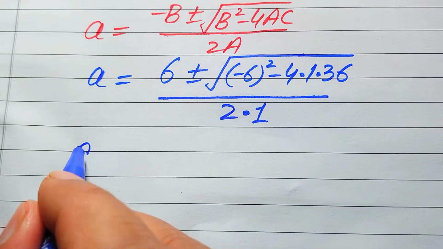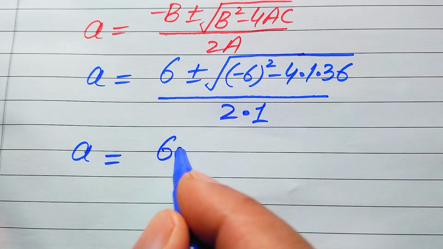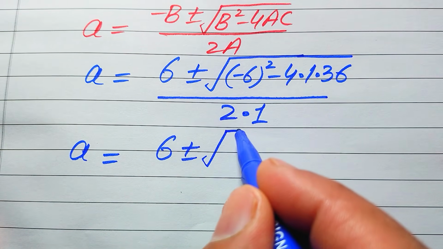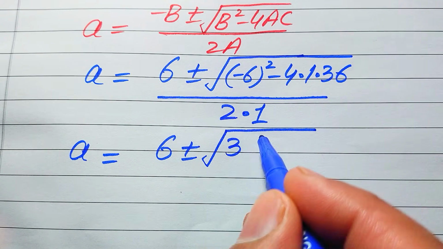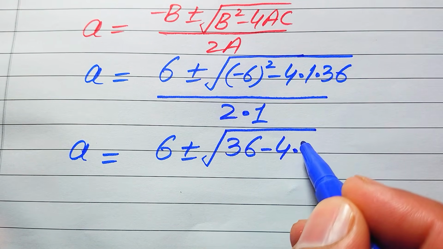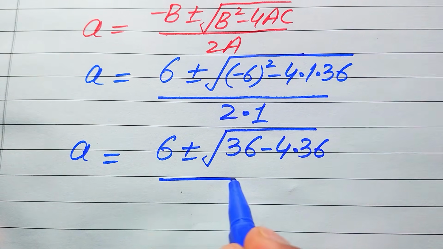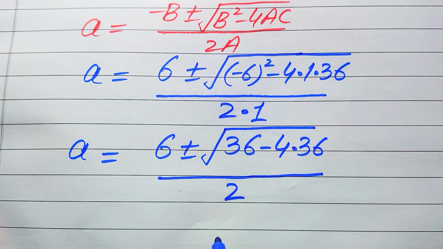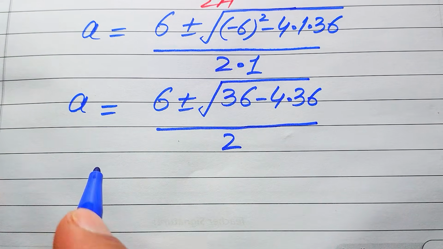Further, in the next step we have a equals 6 plus minus square root of minus 6 square, which becomes 36, minus 4 times 36, divided by 2 times 1, which equals 2.